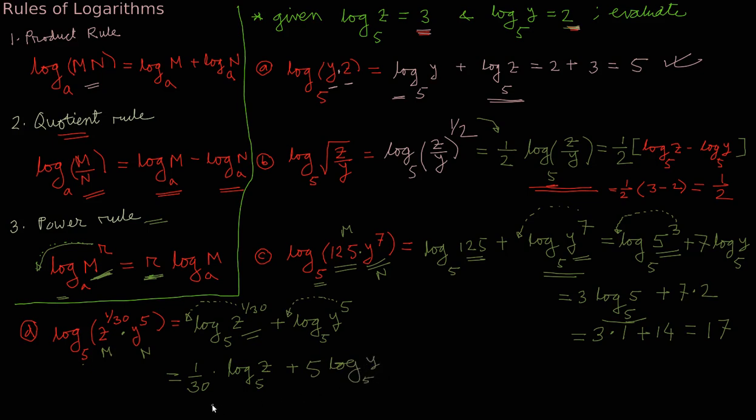So let's see what I have. So 1 over 30. What is logarithm z? Logarithm z is 3. So it is 3 plus 5 multiplied by logarithm y equal to 2. So if you punch the calculator, you are going to get 10.1. So this is the answer for this particular problem.